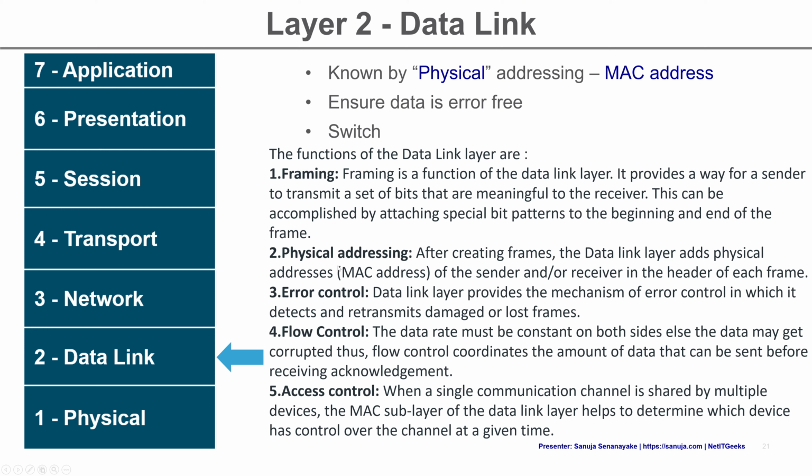It is responsible for physical addressing. So after creating the frames, the data link layer adds physical addresses, known as the MAC addresses of the sender and/or the receiver, in the header of each frame, and that's how it identifies the sender and the receiver.